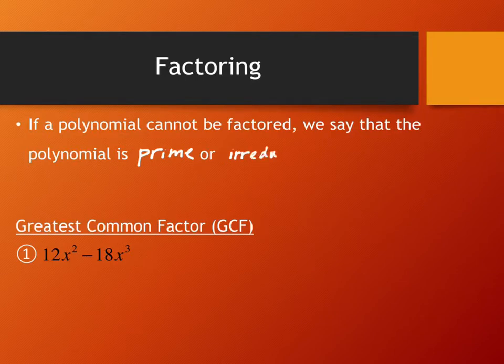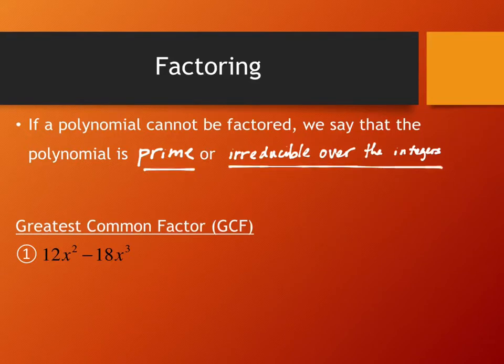It's called irreducible over the integers. Who likes prime better? Me too. It's just way simpler, and it has this nice harkening back to how we describe our numbers, and we're dealing with factoring as well.